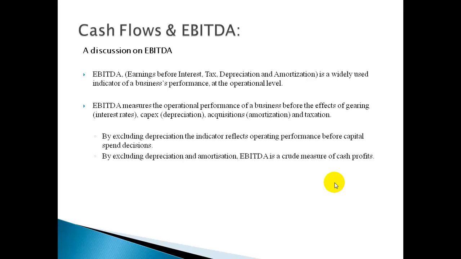They grow organically, as I said in one of the earlier modules. I can now exclude that out of the picture, and I'm getting an apples to apples comparison. So EBITDA allows comparison of a business's operating performance across industries, as I said. That's why it is used.